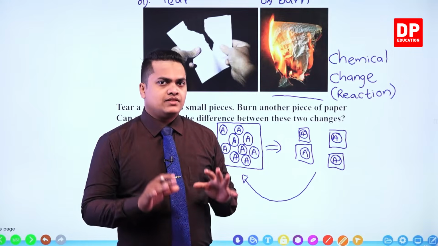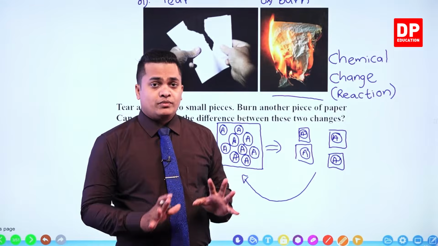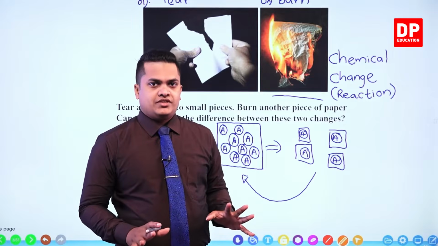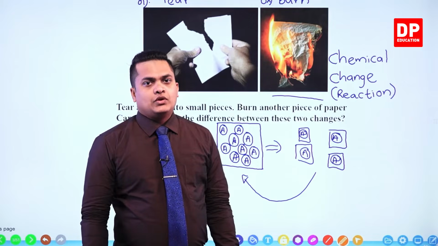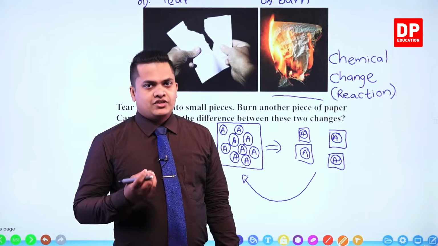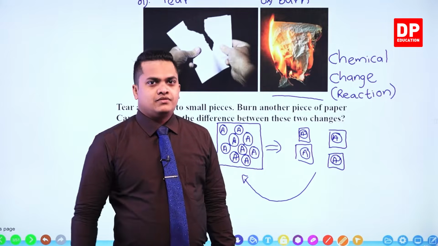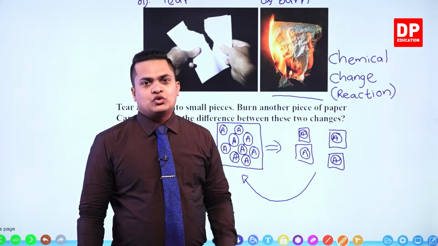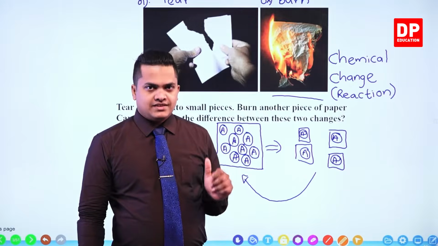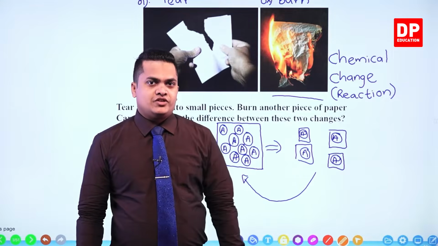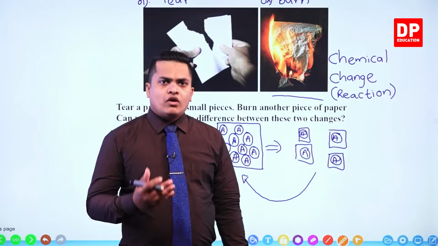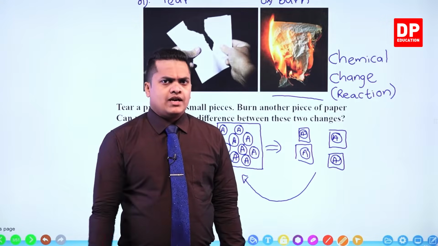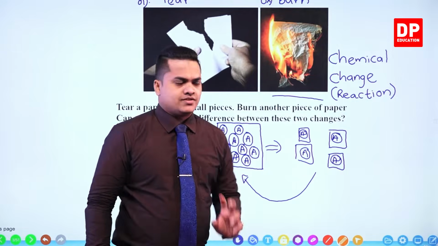The same material, the same piece of paper is there and there is no change in it, right? So these are the two main changes that we can observe in matter. Those two changes are physical changes and chemical changes, right? So we'll move on to the next slide to get a sound idea about physical and chemical changes, right?